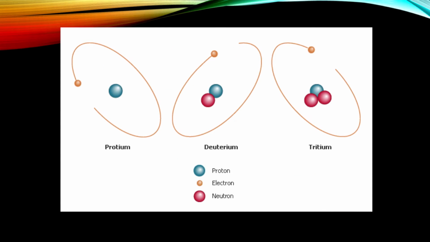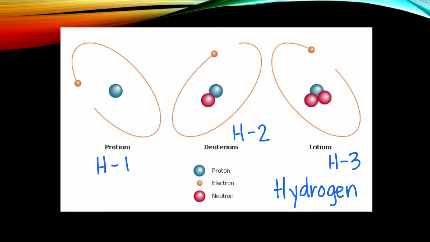Here's an example of hydrogen. Okay, so hydrogen is the smallest element, it's the smallest atom on the periodic table. Here's protium, which is hydrogen 1, deuterium, which is hydrogen 2, and tritium, which is hydrogen 3. Now, these isotopes are so common that they've actually given them names: protium, deuterium, and tritium.